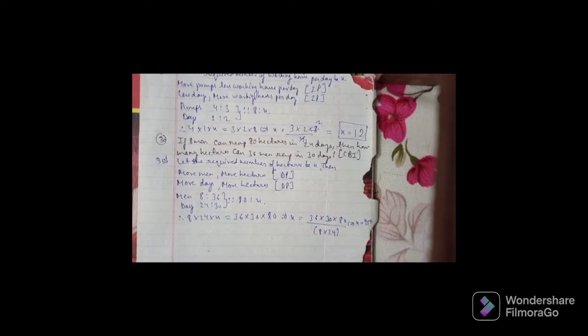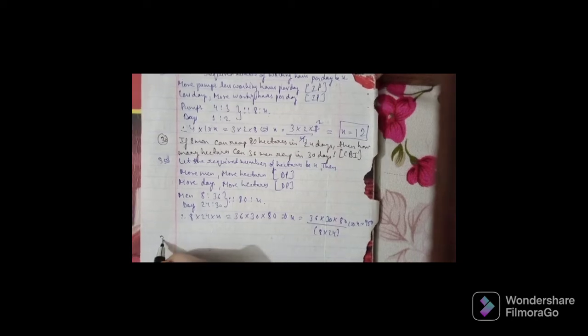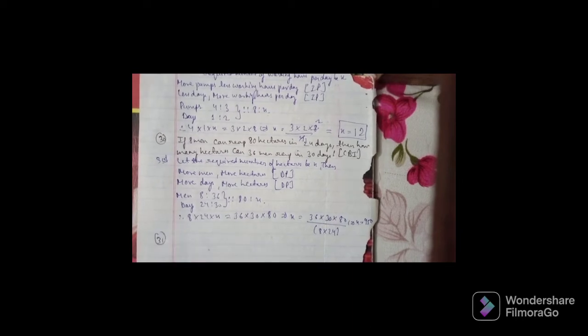Now we go for the next, another important question, the 31st question of the session. The 31st question we have here is: a certain number of persons can dig a trench 100 meter long, 50 meter broad and 10 meter deep in 10 days.